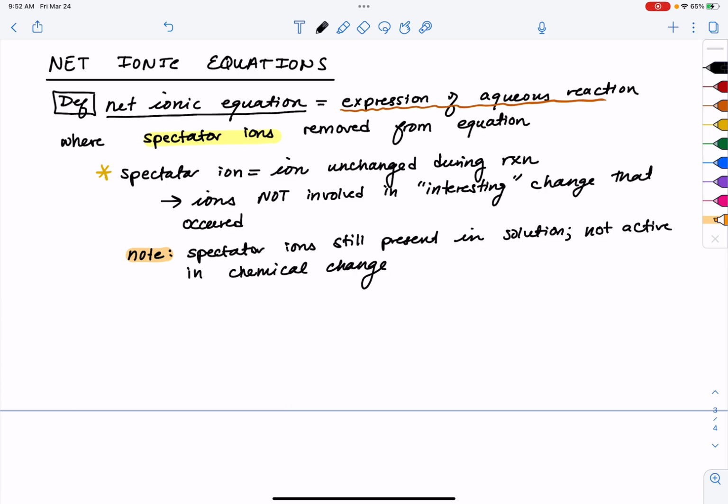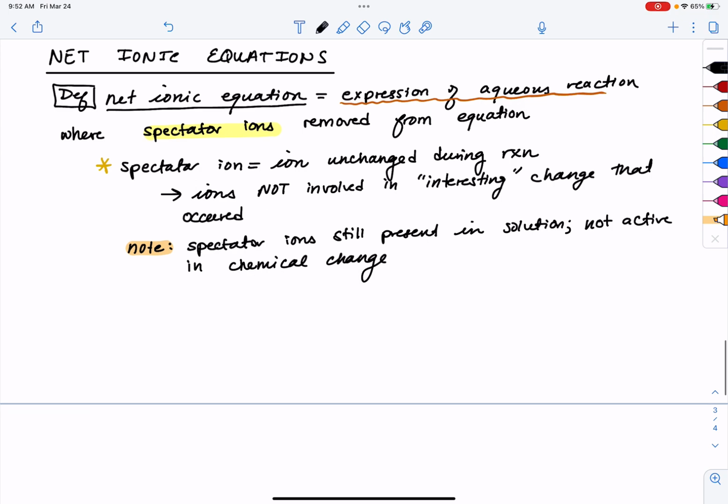So just because the Giants are playing a baseball game doesn't mean that there's nobody around to watch. It just means that there's nobody involved who is a non-Giant or non-opposing team member, right? The spectators are present, but when we're talking about the game, we're not thinking about what the spectators are doing.